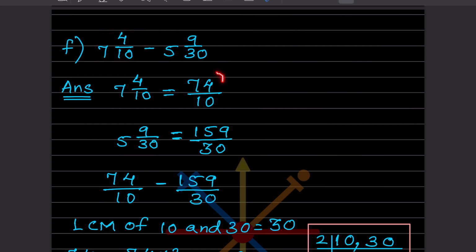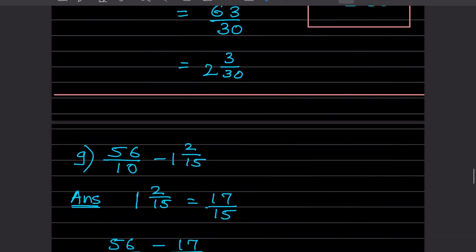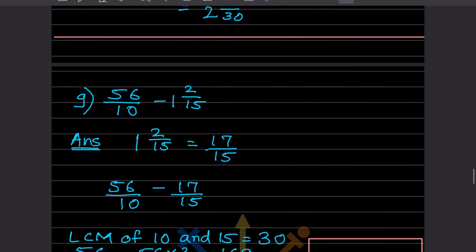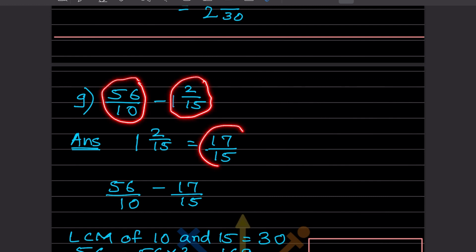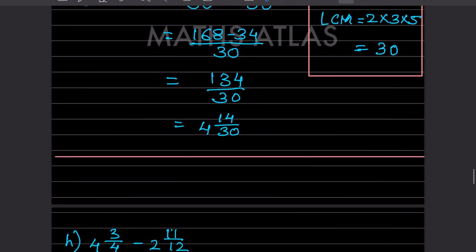You have to make it to an improper one, and then look at the denominators. Make the denominators equal. Take the LCM, and same over here. Again, here the same. Wherever there is a mixed fraction, make it to improper, and then subtract it. Because the solutions are given, you can just have a look at it later.